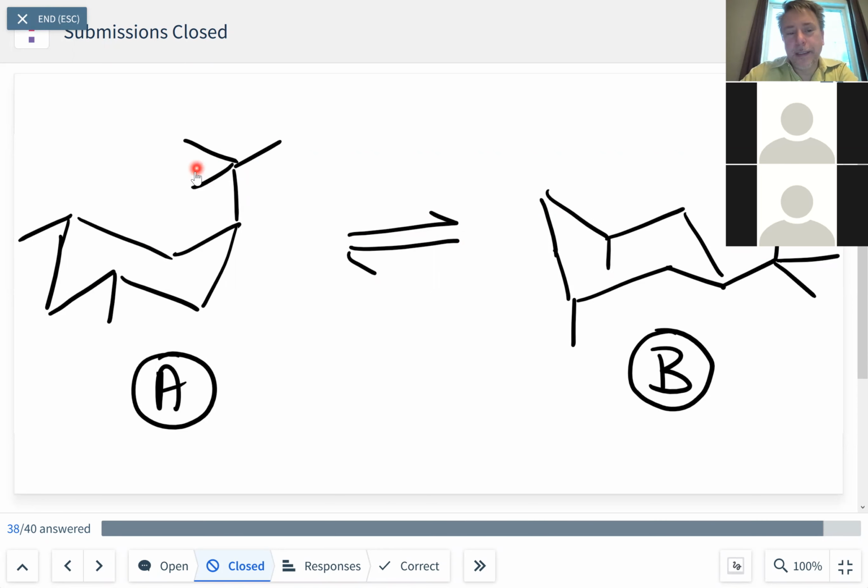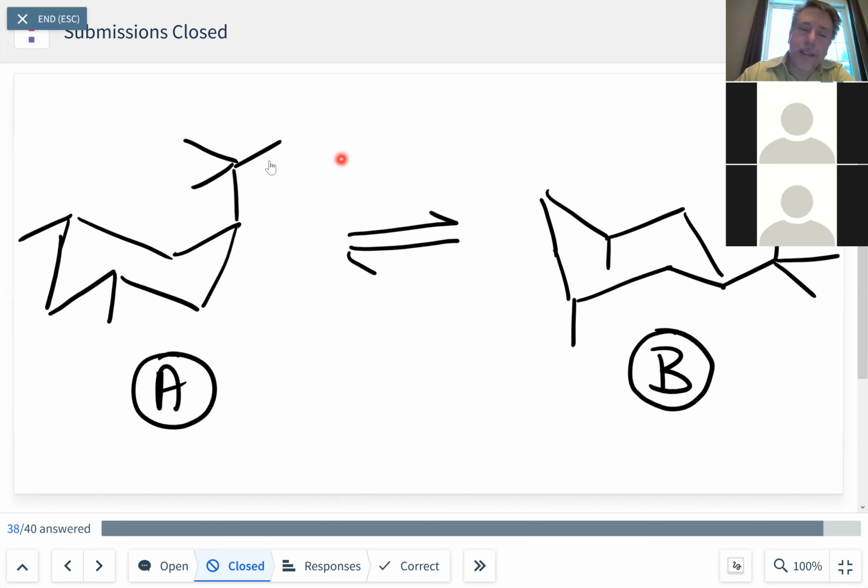So this large group, the steric energy associated with the interactions with these protons over here is so large that it's going to ring flip and form B. Even though in conformer B, we've got 2 axial methyl groups, the energy associated with these 2 is not enough to overcome this large group being axial.